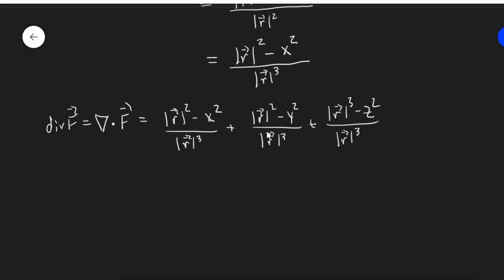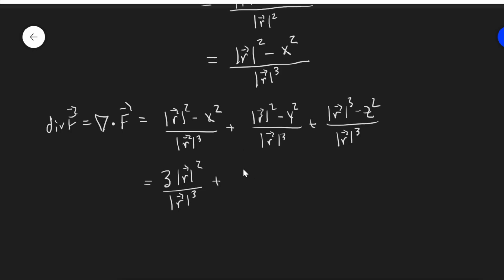So there's my divergence. We can actually simplify this quite a bit. Notice I have some patterns here. In particular, I can separate each one of these fractions and if I just pull off the magnitude r squared over the magnitude r cubed in each one of these, I'll have 3 of those. 3 magnitude r squared over magnitude r cubed, plus, what will I be left with?